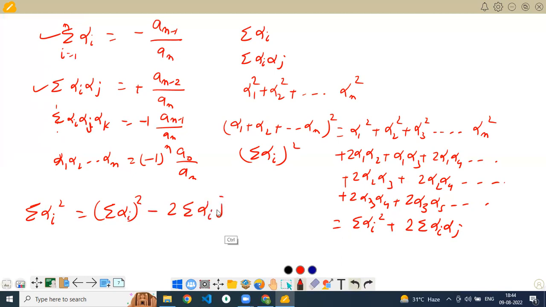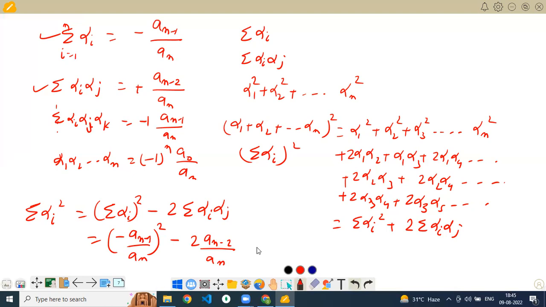So this is what? Minus (n minus 1 divided by an) whole square minus twice of (n minus 2 divided by an).